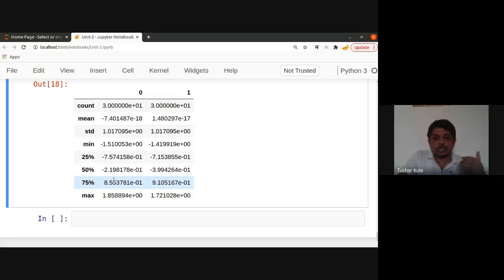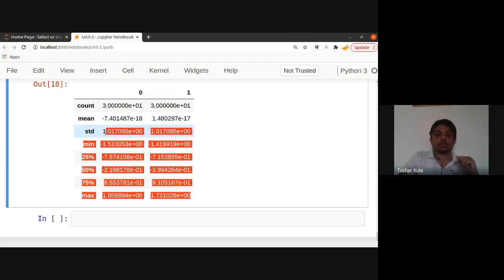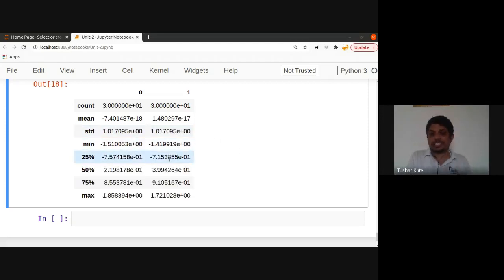The median is negative here for both cases, and below the median, the first quartile value is minus 0.75, here minus 0.71. The minimum value is minus 1.5 and the maximum 1.85 for one, and minus 1.4 and 1.72 for the other. But you can check it, the deviation is the same for both of these data. This is what we call normalized data.